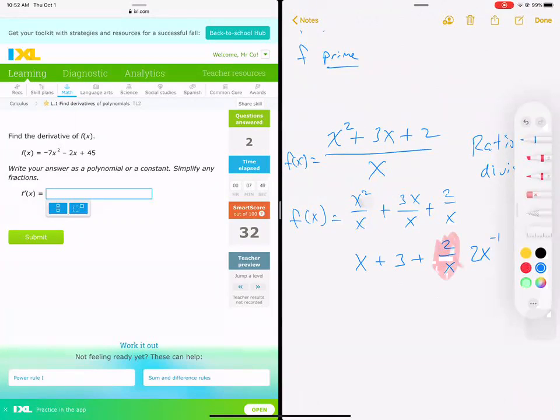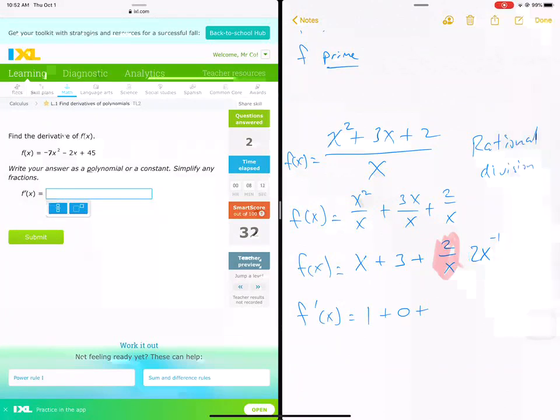Now, if I take the derivative of this problem, what is f prime of x now? The derivative of x is 1. The derivative of 3 is 0. And we can do this derivative really quickly in our head if we just do power rule.